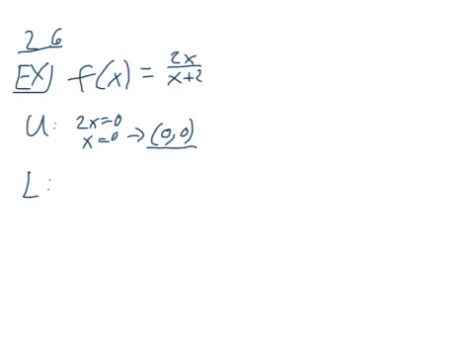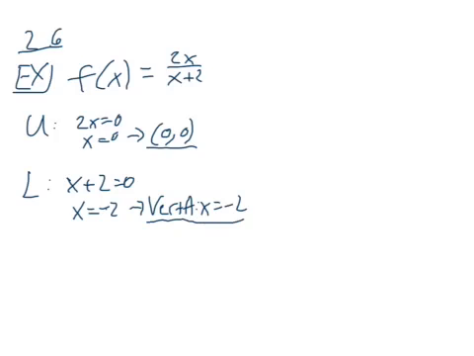Let's do a lower analysis. What makes the denominator equal 0? Well, negative 2. So therefore, there's a vertical asymptote at x equals negative 2. Okay, and then our comparison step. Comparing the degree in the top and bottom, there's a tie, right?